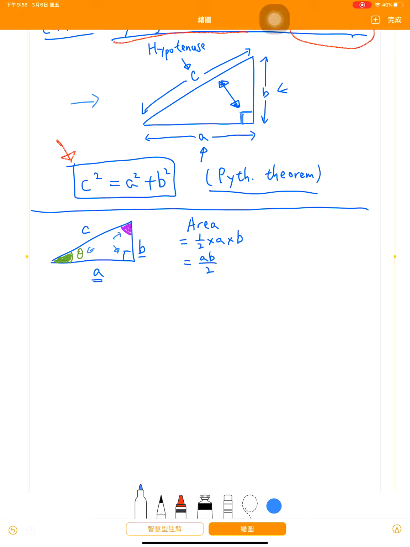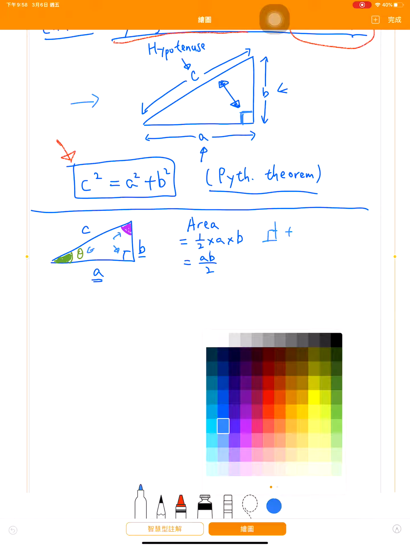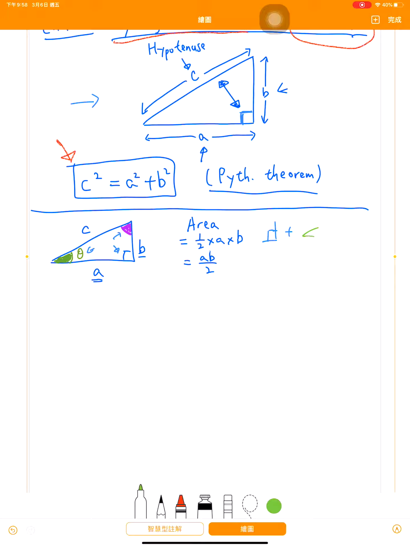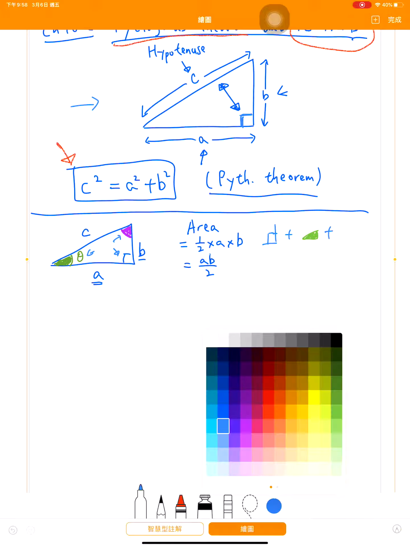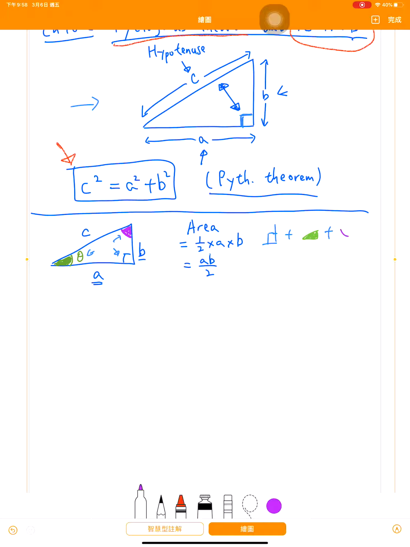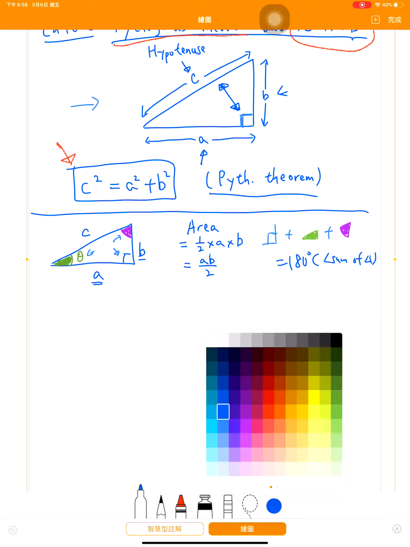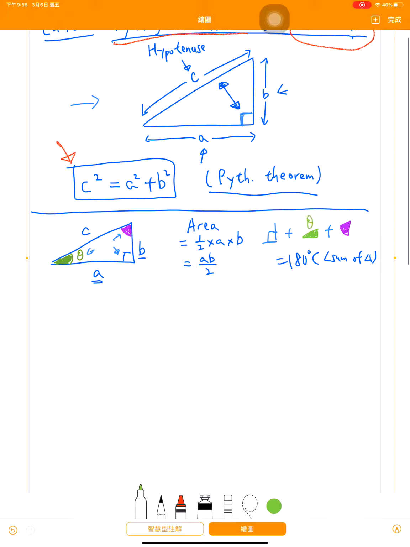That is the right angle plus the green one plus the purple one will be equal to 180 degrees. This one is the angle sum of triangle, right? Because we let this one be theta, and this one is 90 degrees.